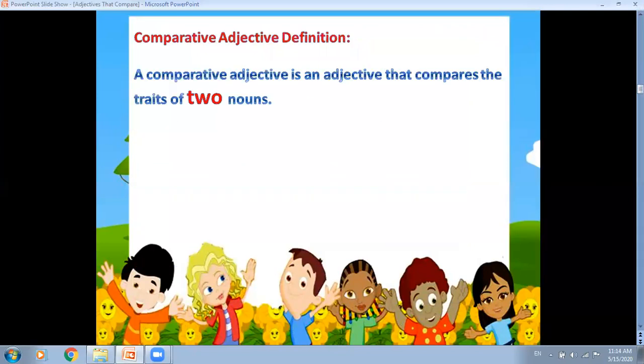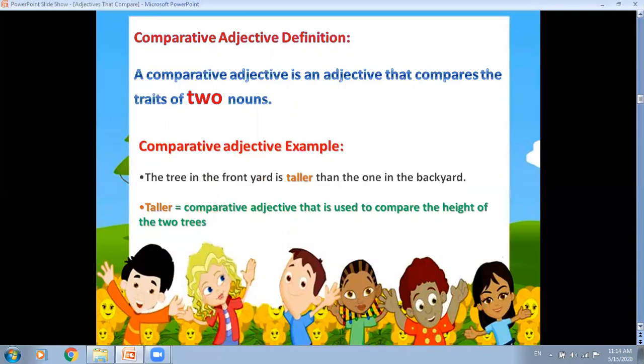Okay, now what's the definition of comparative adjective? A comparative adjective is an adjective that compares the traits of two nouns. Two nouns. Let's read the example. The tree in the front yard is taller than the one in the backyard.